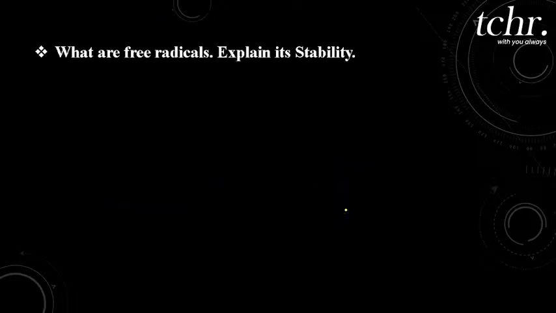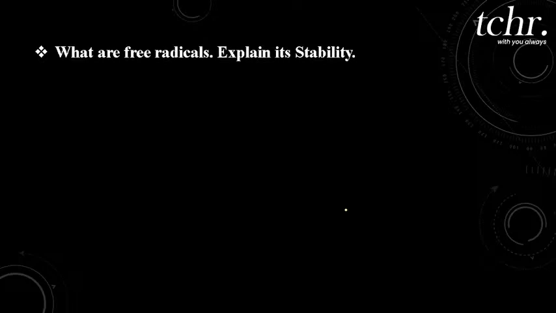Now once you have understood homolysis and heterolysis, what intermediates are you getting from them? I told you that free radical, carbocation and carbanion are known as intermediates, students.